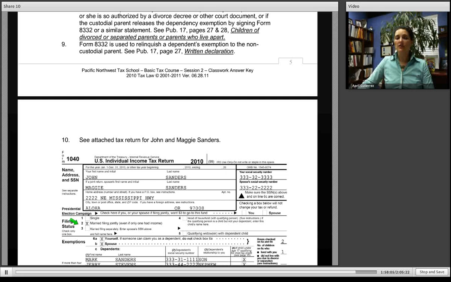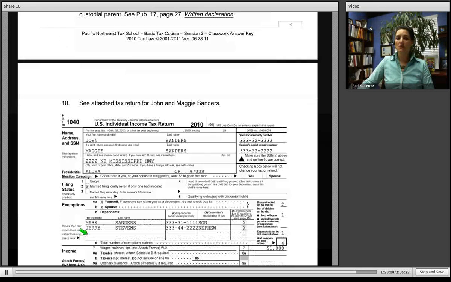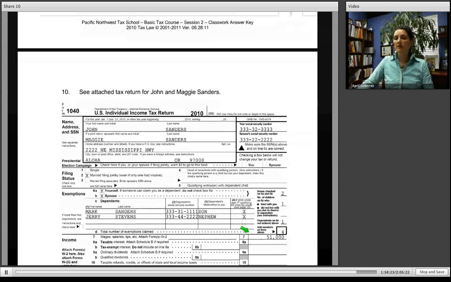They will each claim exemptions for themselves, so 1 for taxpayer, 1 for spouse. They are claiming 2 dependents, and both of these dependents qualify as dependents as well as for the child tax credit, and since they both qualify for the child tax credit, we've checked the child tax credit box for both of them. We total up the exemptions. The total number of exemption deductions will be 4.